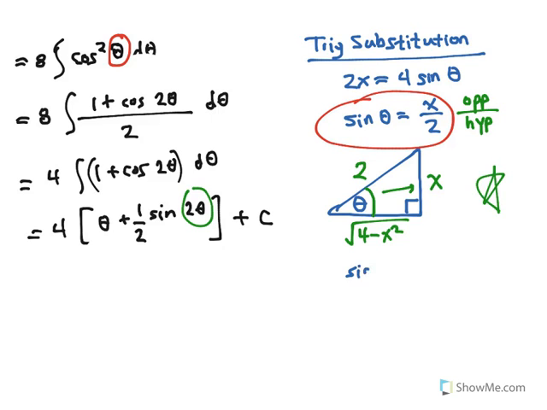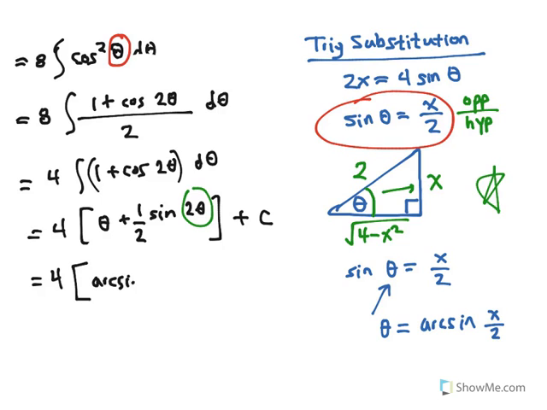So you have sine of theta is equal to x over 2. So if you want to isolate theta, you can take the arc sine of both sides of the equation. So theta is arc sine of x over 2. So now I'm able to write 4 times arc sine of x over 2 plus 1/2 times sine of 2 theta.